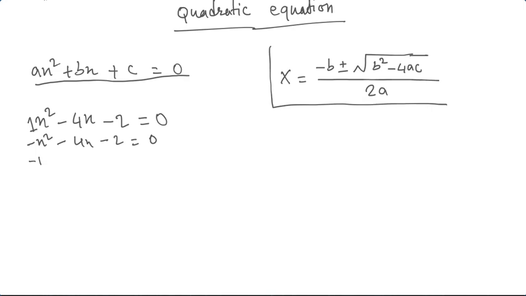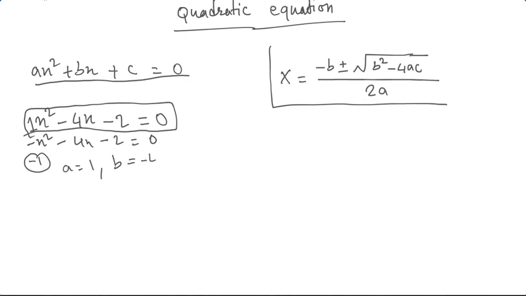But that's just an example. So here a is 1. What is b? b is minus 4, right? And c is minus 2.